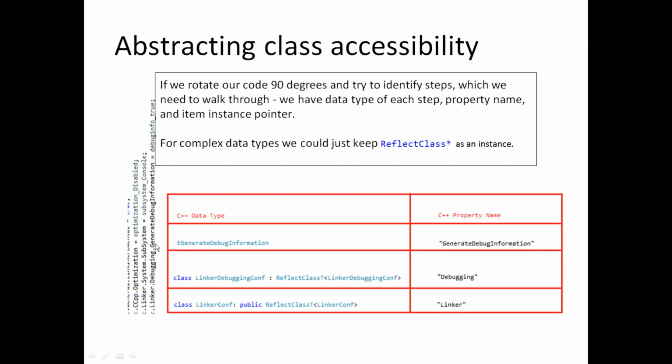If we go to the class which owns that enumeration, its property will be called debugging, and it will have a class underneath which is derived from the reflect class. In a similar manner we will also have a parent class where the property name will be linker, and it will also be derived from reflect class. So from this table you can see that all complex data types will be derived from the reflect class.